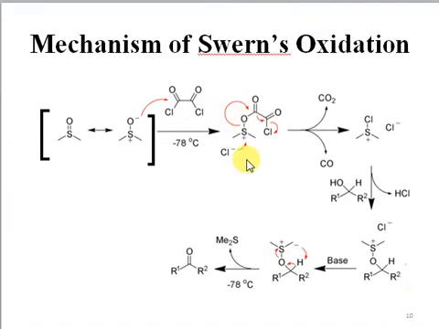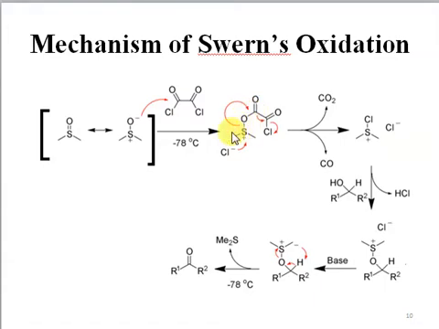So this chlorine will attack on the sulfur, right? Now this chlorine is electronically rich, so it will attack as a nucleophile on this sulfur, since sulfur is positively charged. So this bond will cleave in favor of carbon and oxygen, right?